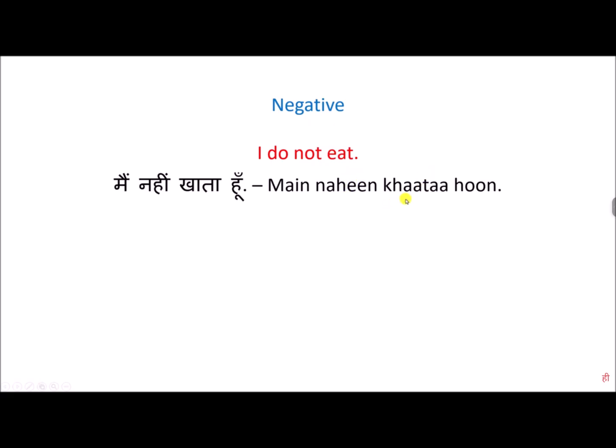So khata. Before khata, nahi. Okay? Nahi must not be placed before hoon here, because we have a main verb in the sentence. Main verb is eat, and so before eat must be nahi.